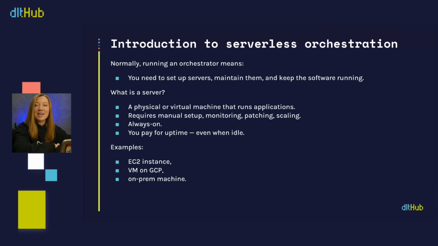You have to set it up, install and configure everything. You need to monitor, patch, and keep it secure. You must scale it manually when your workloads grow, and it's always on, which means you pay for uptime, even when it's unused. So in the old world, orchestration is tied to infrastructure you have to manage.